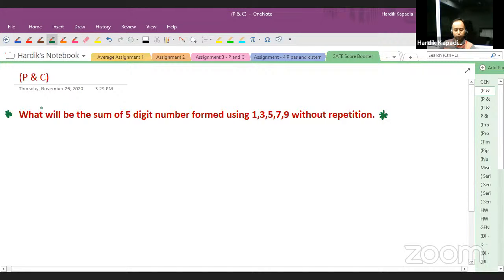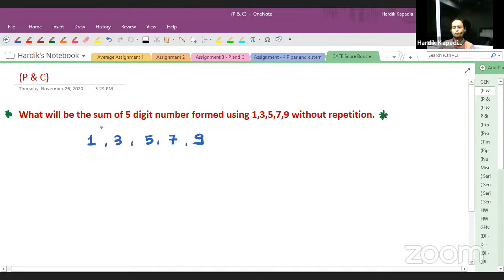Perfect. Rajesh 120, Ravi 25, Anudeep 25, Ramachari 120, Ronia 25, Sahishnavi 25. I'll explain the question first. So in this question, there are 5 digits: 1, 3, 5, 7, and 9.